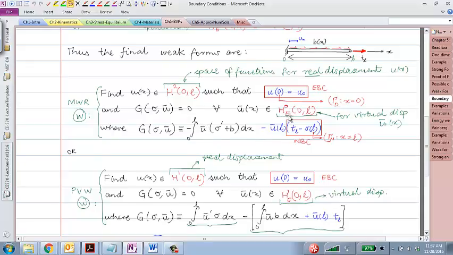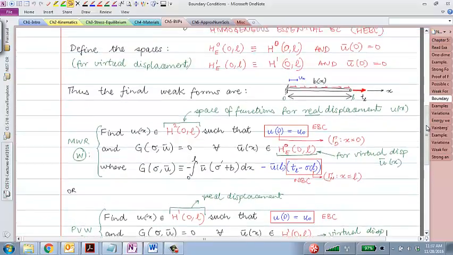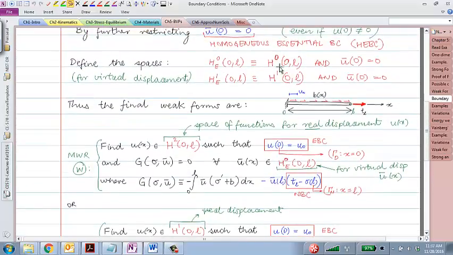And further, the u-bar functions we said have to satisfy the homogeneous essential boundary condition, and that the virtual displacement at a point where the real displacement is given, even though it may not be 0, has to be 0.